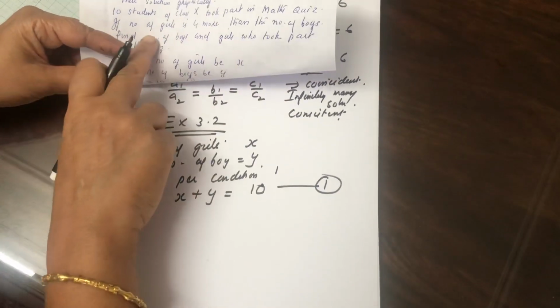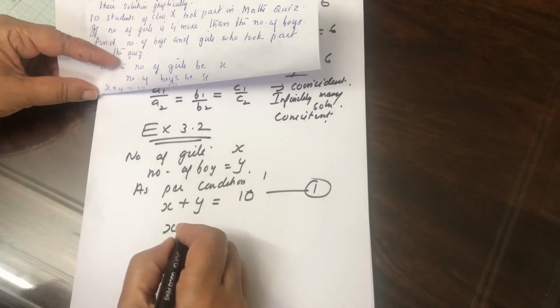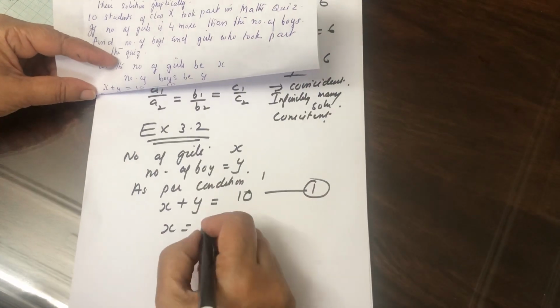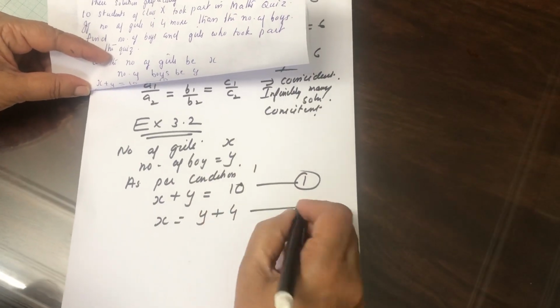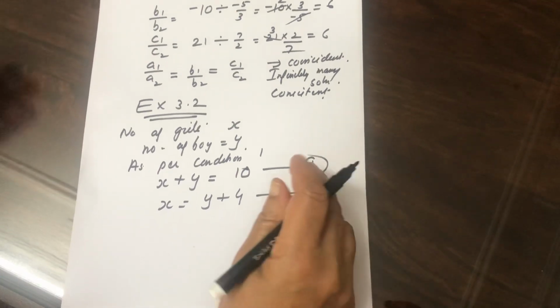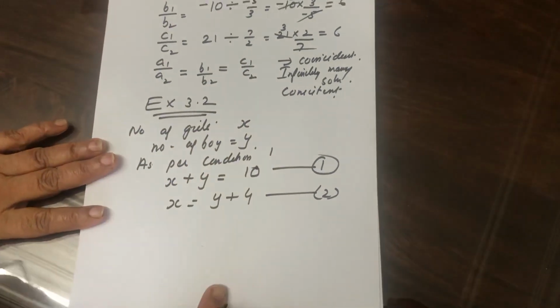Next one, what is the number of girls? X is 4 more than the number of boys. So x is y plus 4. This is the second equation, and you have to solve and find out the number of boys and number of girls.